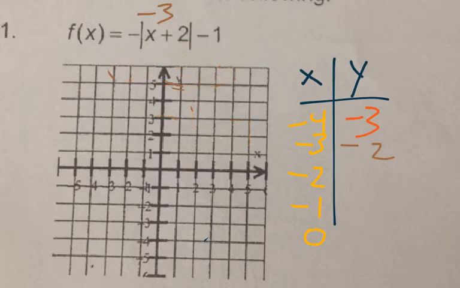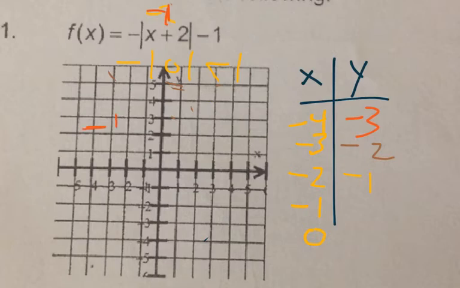Okay, now I'm going to plug in the -2. Now that one's going to work out really nice, right? Because after all, when I plug in -2, I'm going to have the negative of a 0, right? Minus 1. So 0 minus 1 is -1. Now I'm going to plug in the -1 in there.